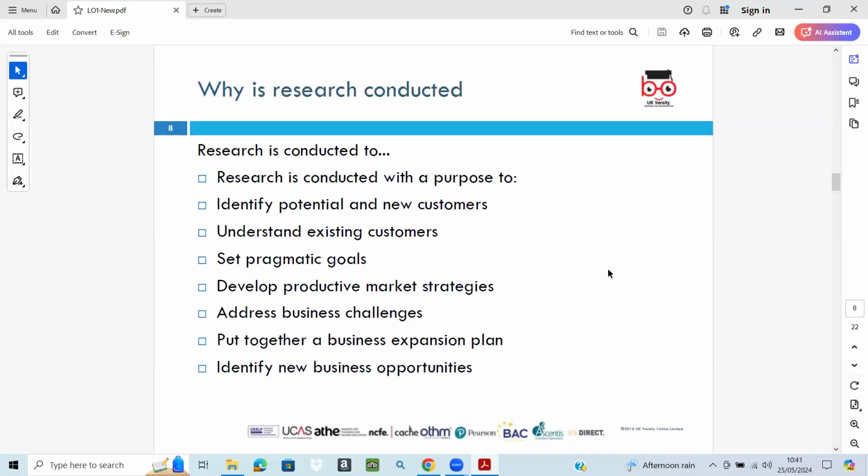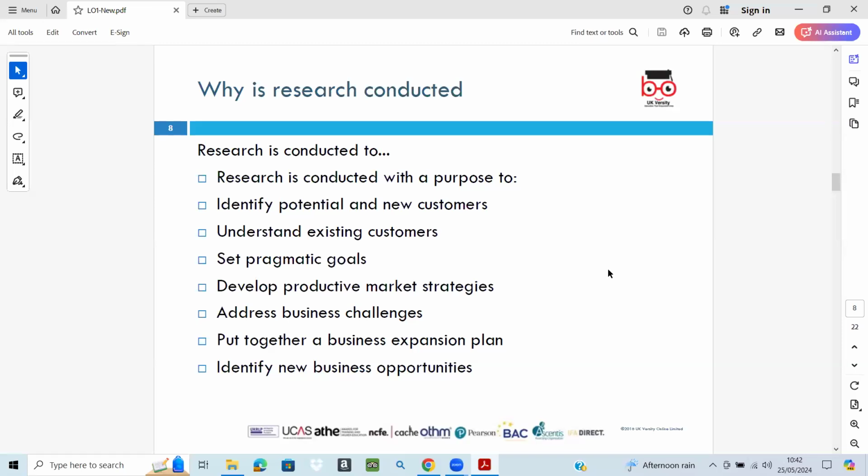Then address business challenges. The purpose is to understand and find solutions to specific business problems. Then we have to put together a business expansion plan. It's to gather information necessary for planning and executing business growth and expansion.